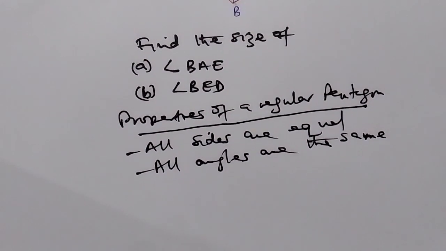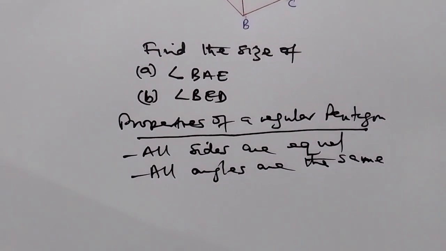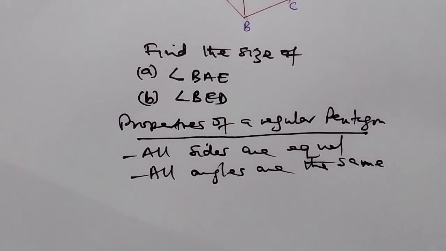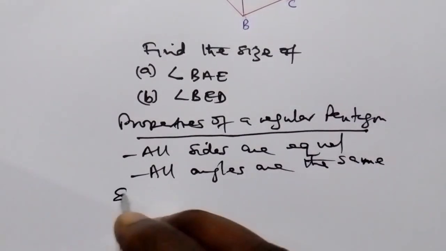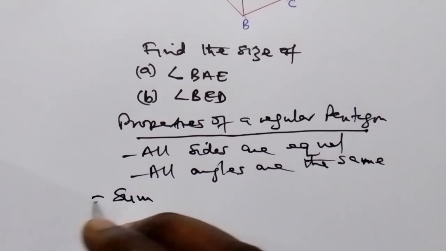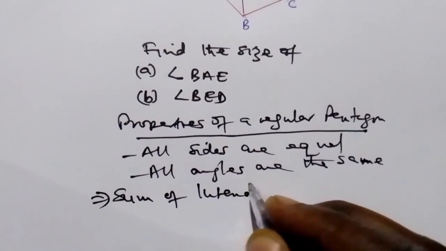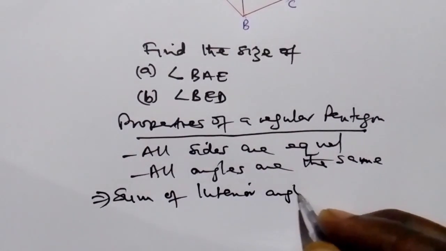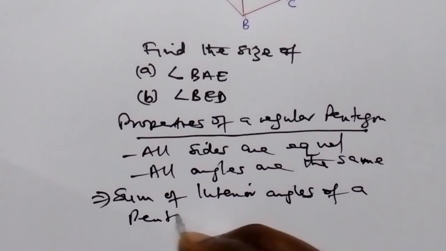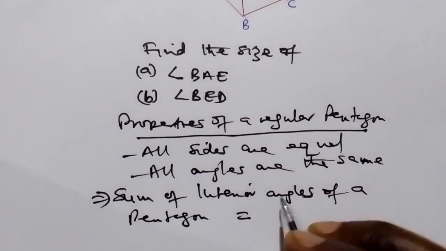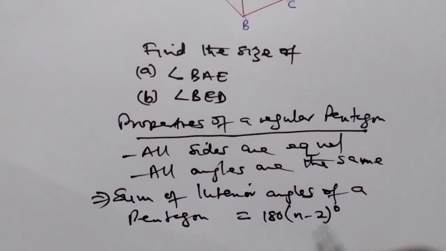The formula for finding the sum of interior angles of a polygon is given by 180 times (n minus 2) degrees. That's the formula.